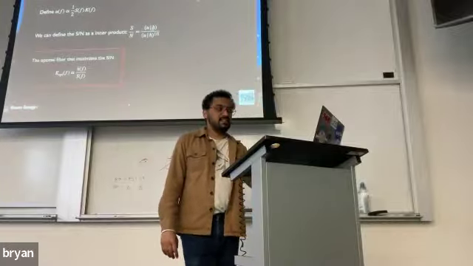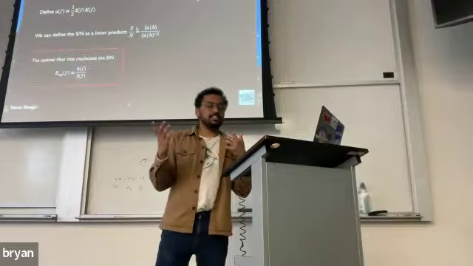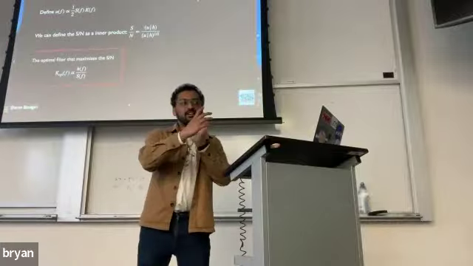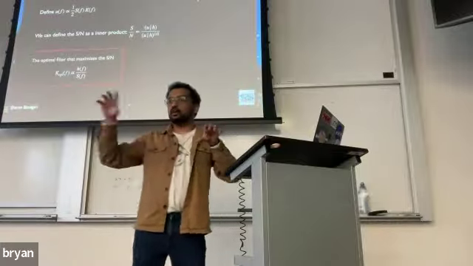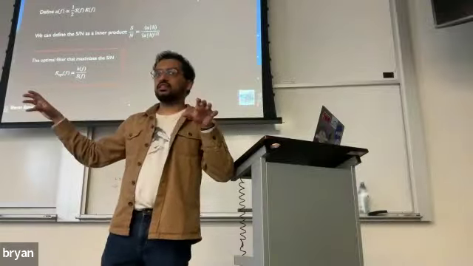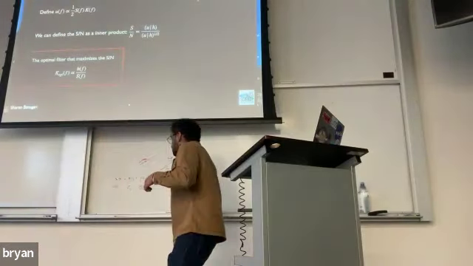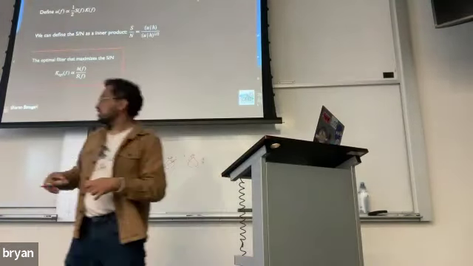So since this is an inner product, if you have one vector and want to ask, what is this other vector that I can multiply this with so that the inner product between the two of them will be maximized, clearly that is the same vector itself.